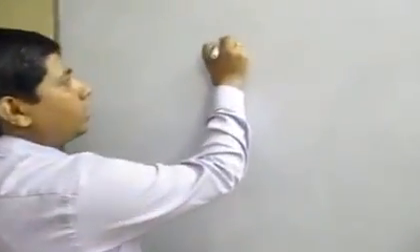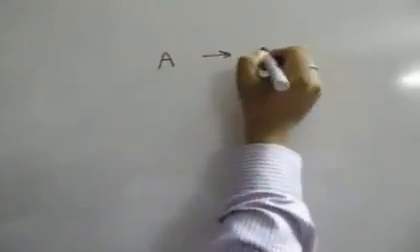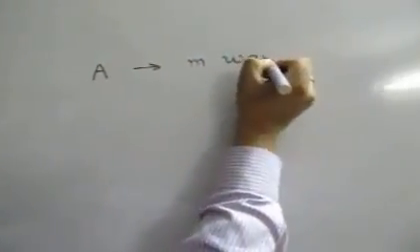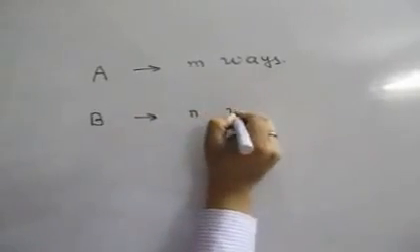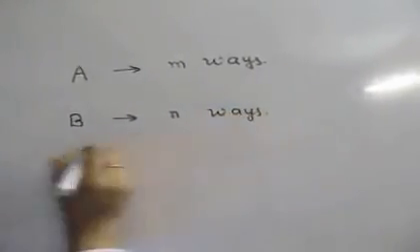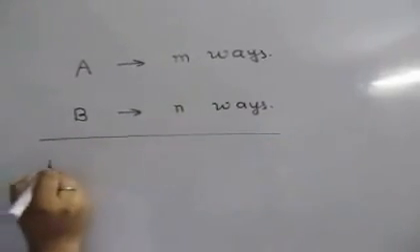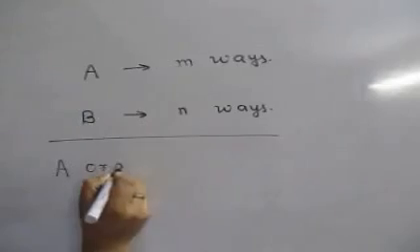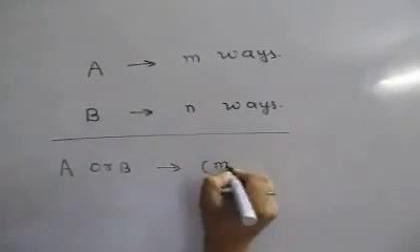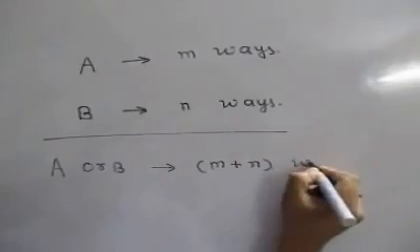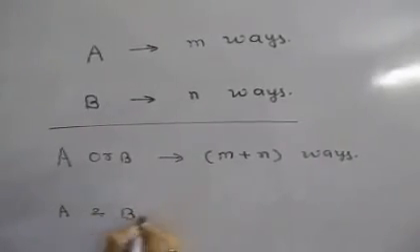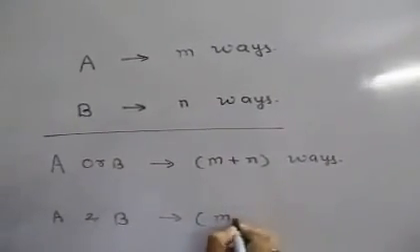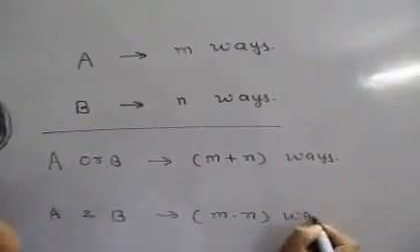Fundamental principle of counting, what does it say? It says that if a work A can be done in m ways, while another work B can be done in n ways, then work A or B can be done in m plus n ways, while work A and B can be done in m into n ways.